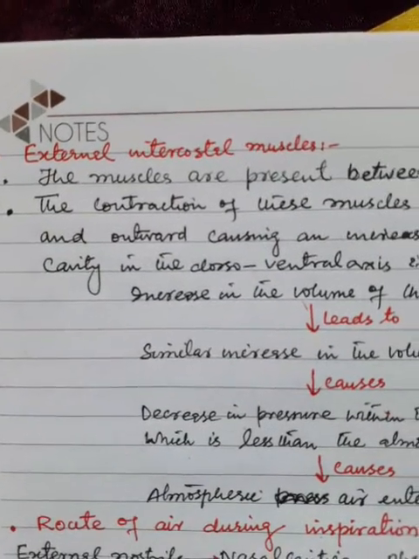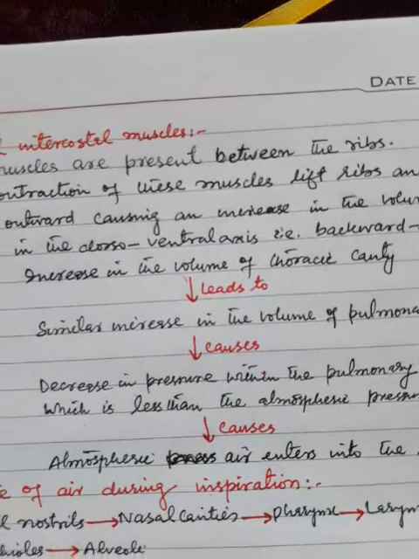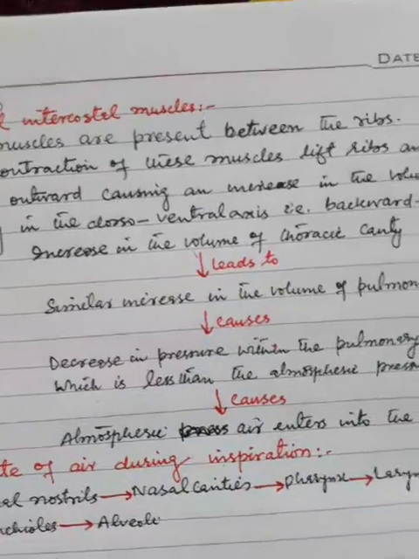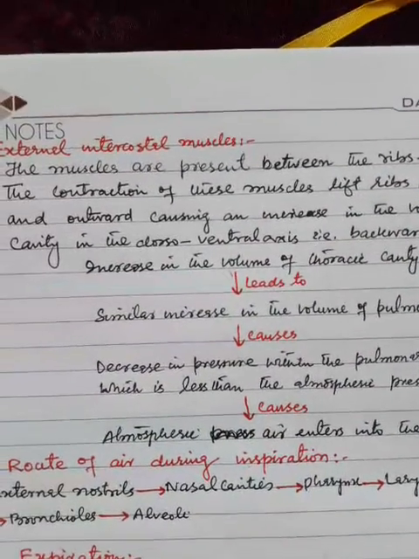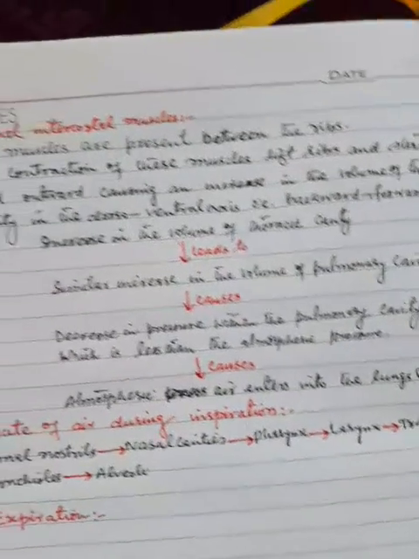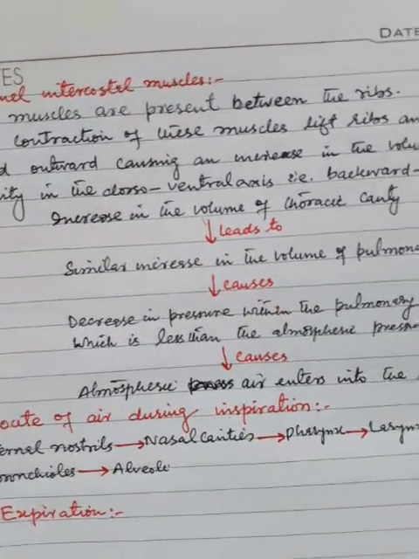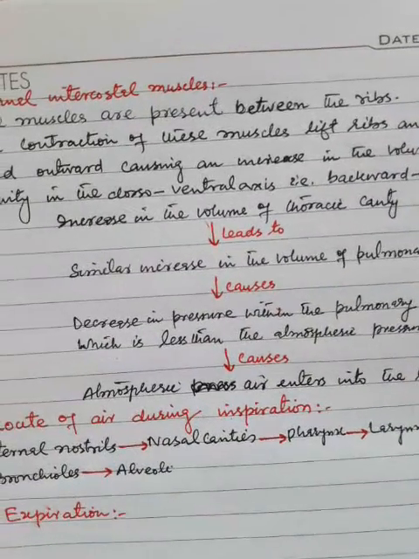External intercostal muscles. These muscles are present between the ribs. The contraction of these muscles lifts the ribs and sternum up and outward, causing an increase in the volume of the thoracic cavity in the dorso-ventral axis, that is, backward-forward direction.